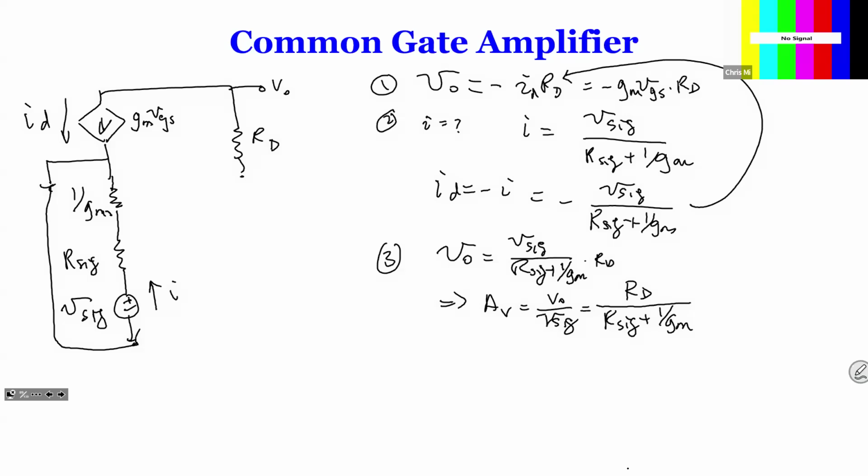Now, of course, you can neglect it and it will be similar, but just in case you understand why this I equal to ID, because gate has 0 current, right? So I just want to mark it down on the circuit.